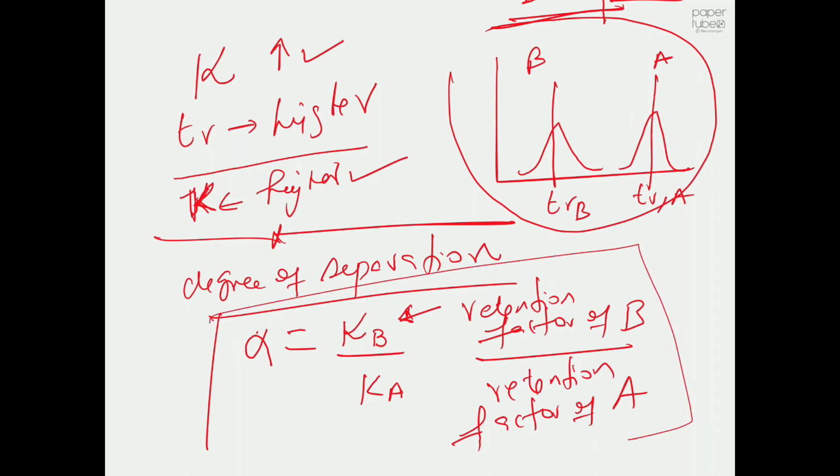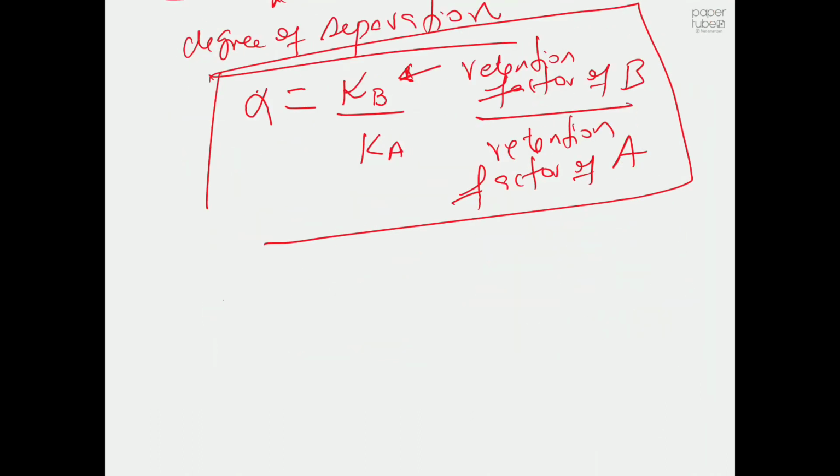So this is how we define a separation factor. Normally, if we use an expression like alpha equals K suffix B over K suffix A, the compound on the numerator side is the analyte which will spend more time in the column.